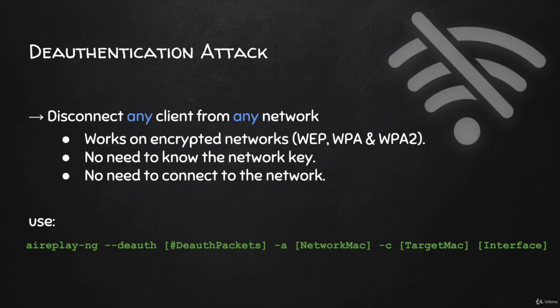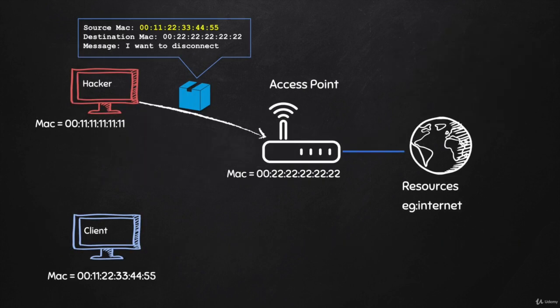This attack allows us to disconnect any device from any network before connecting to any of these networks and without the need to know the password for the network. To do this, we're going to pretend to be the client that we want to disconnect by changing our MAC address to the MAC address of that client and tell the router that I want to disconnect from you.